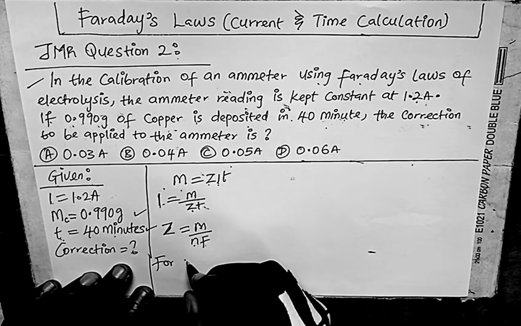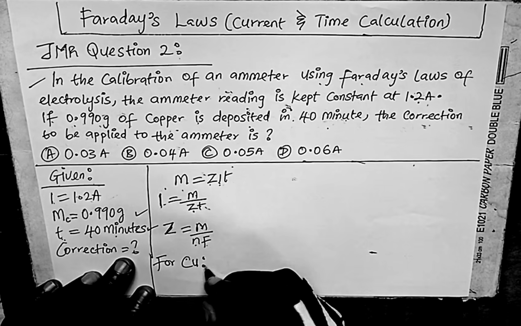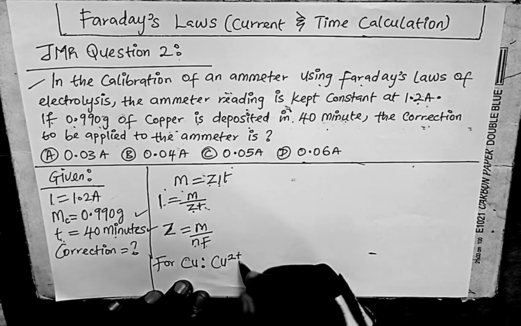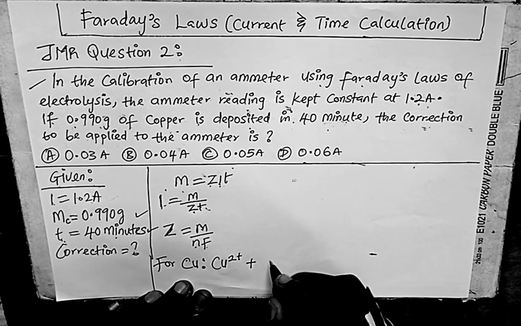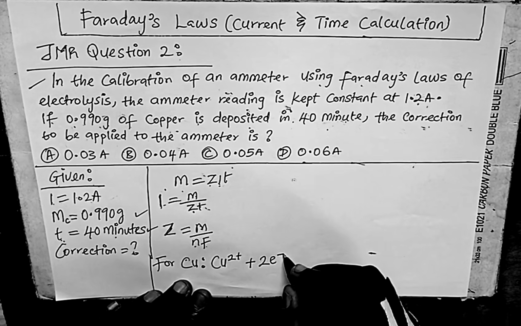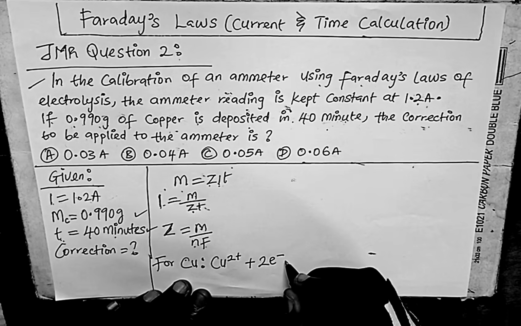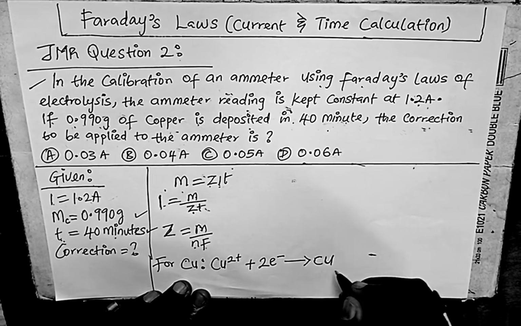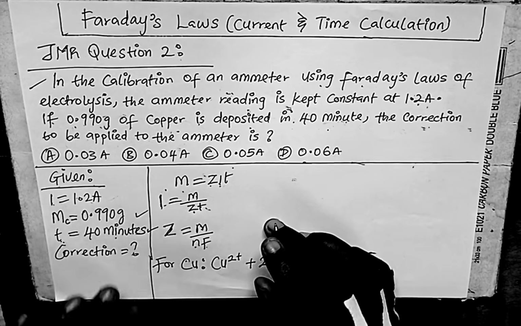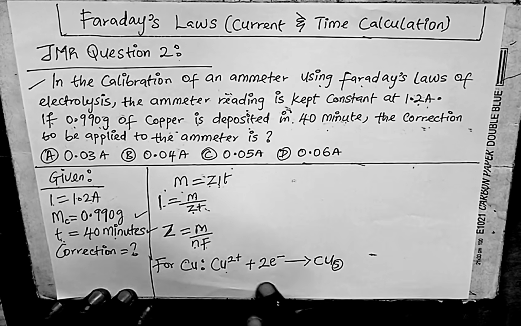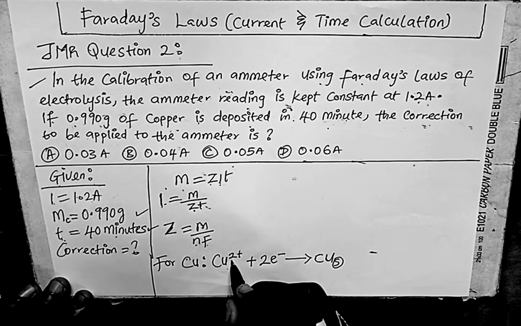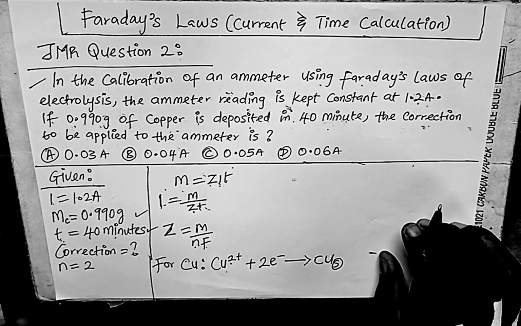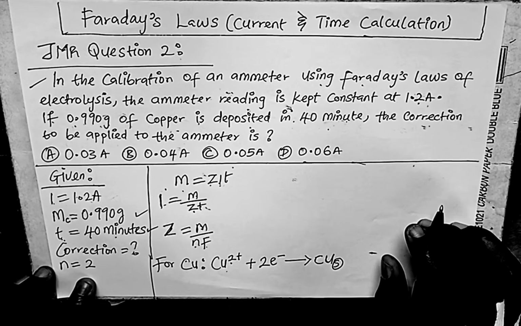For copper, Cu loses 2 electrons during the oxidation process to yield copper metal, Cu, which is in solid state; the other one is in ionic state. So N is equal to 2, the valence electrons lost during the oxidation process of the electrolysis.